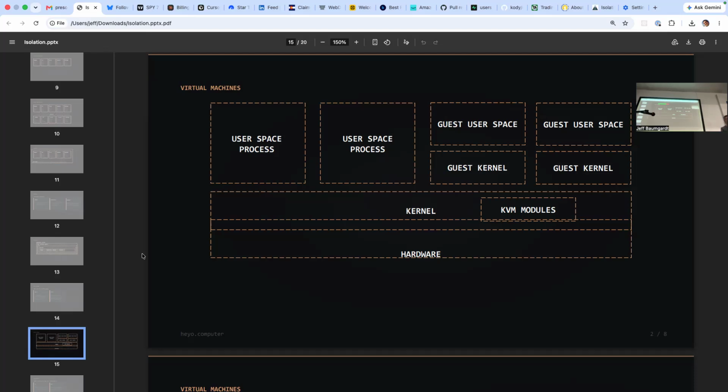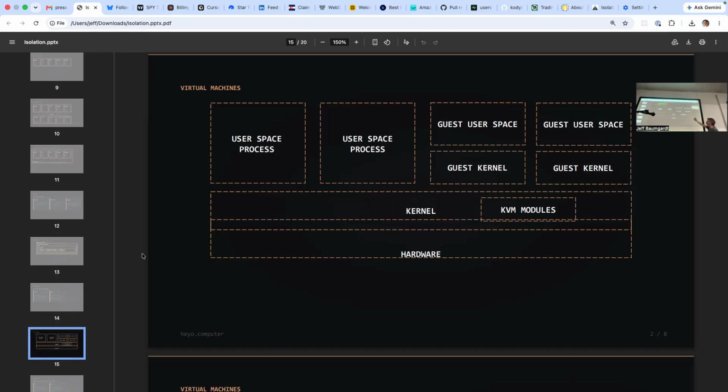If a VM has the ability to do anything the host does, then that kind of defeats the purpose of a VM. Or you could go the opposite, where it's extremely stripped down and basically loses a lot of capabilities, especially with devices. So Intel and AMD got together, they released a new privilege ring, and KVM takes advantage of that privilege ring to basically spin up guest kernels super, super quick.